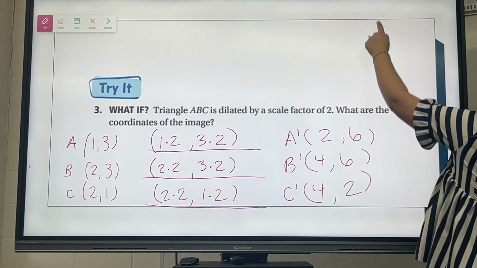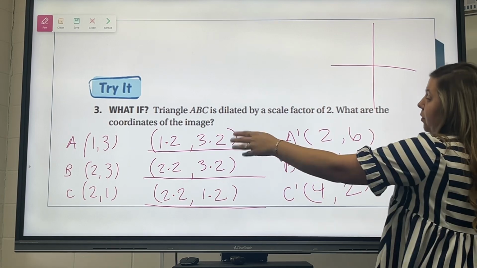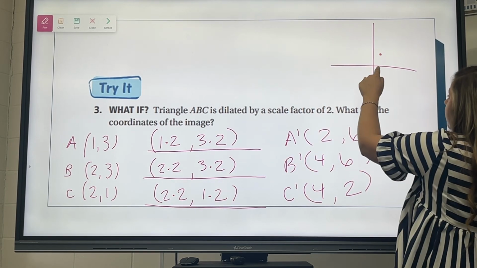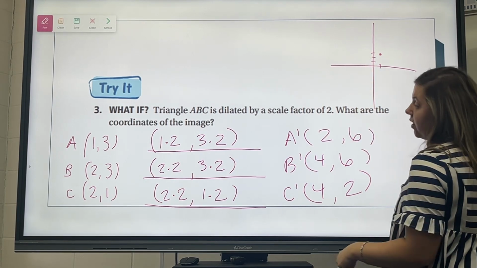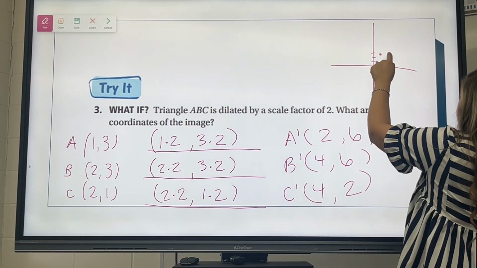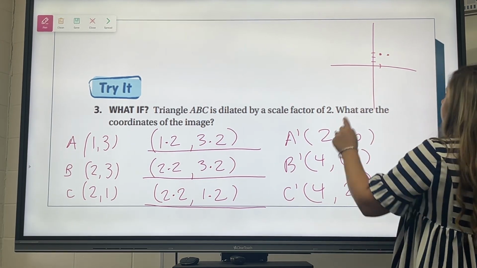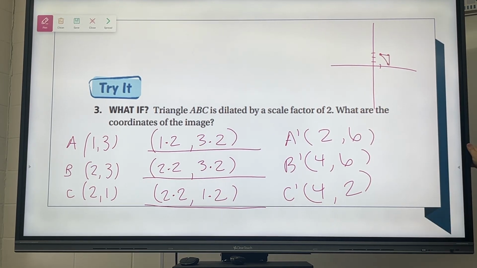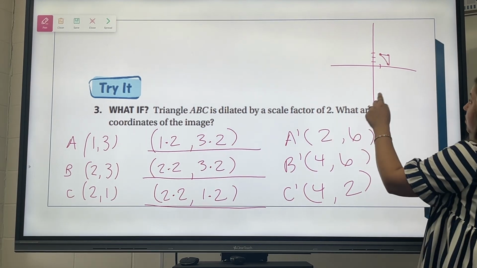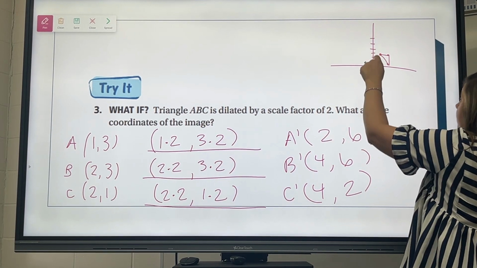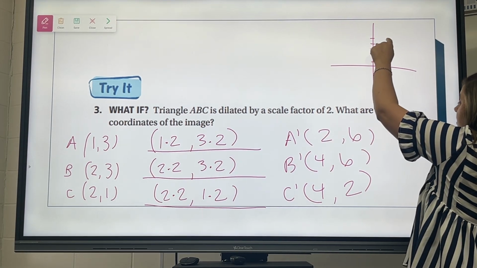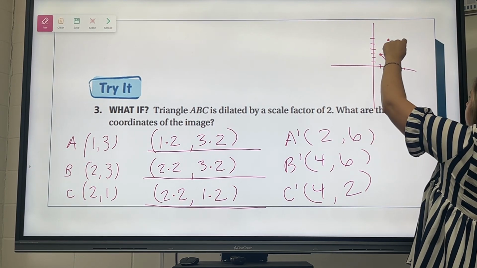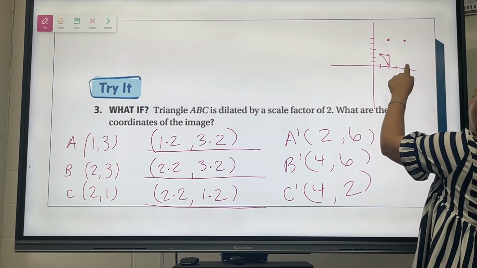So if I was to graph this, my original points: 1, 3. So let's say I go over 1, up 3. And then 2, 3, and 2, 1. So the original one was something like this. And then I have my new one: 2, 6, 4, 6, and 4, 2.